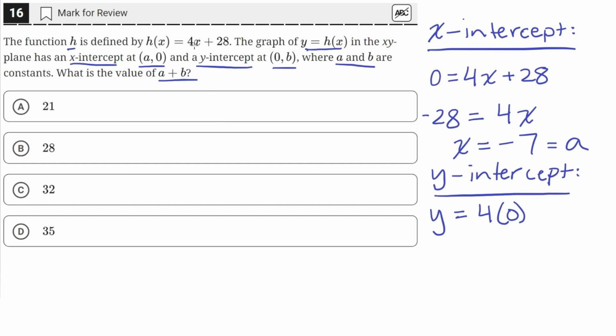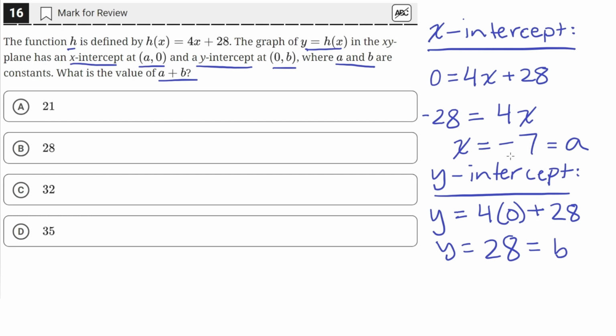So x is 0, so 4 times 0, and then plus 28. And then y equals 4 times 0, which is just 0, and then we'll just be left with the 28. So y is equal to 28 when x is equal to 0. And since the y-intercept occurs where x is equal to 0, that means b is equal to 28.